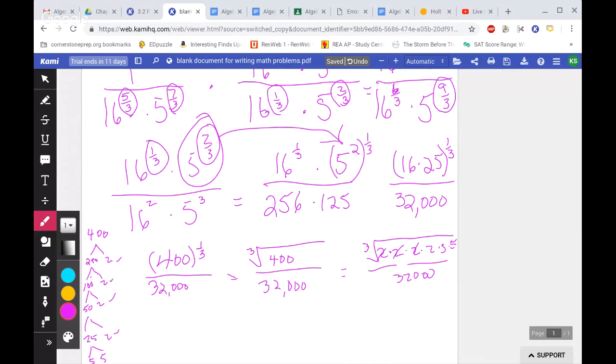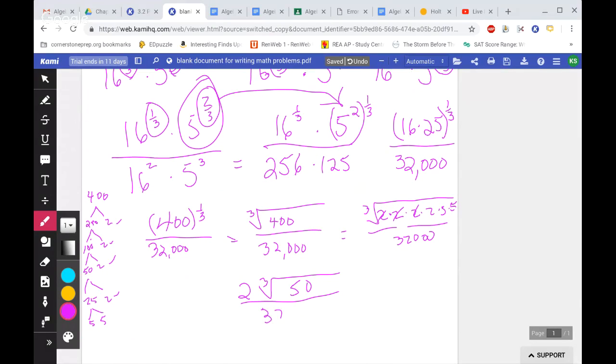This, and this. So I've got one set. That's 2. And then everything else has to stay inside. So that's 2 times 5 times 5, which is 50. Thought it was going to be a little bigger than that. All over 32,000. And now I can take that down.